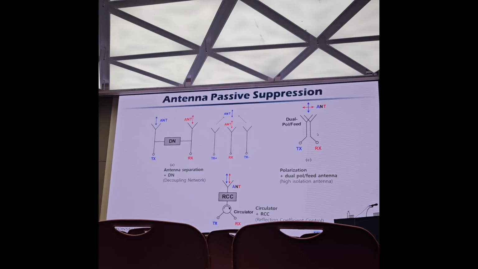Polarization difference will give us some isolation. Maybe the famous way is using a circulator, but a circulator is also limited by its isolation. If you try to increase the isolation, we have to do some kind of good matching or reflection coefficient control to have higher isolation between TX and RX.